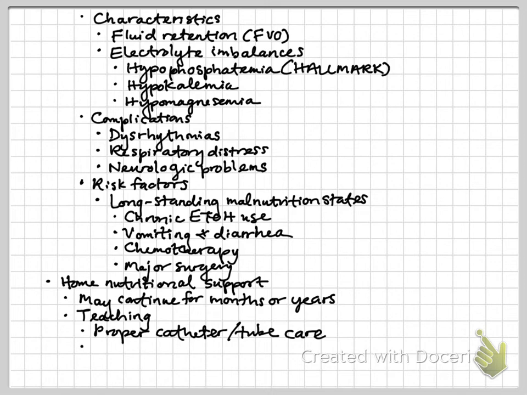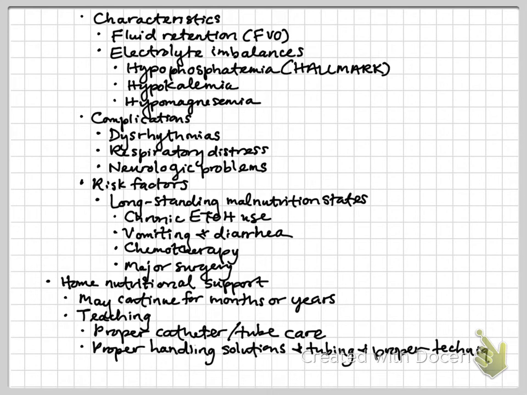Also, proper handling of the solutions and the tubing, and proper technique. Some side effects and complications, such as refeeding syndrome, need to be taught to the patient or caregiver.